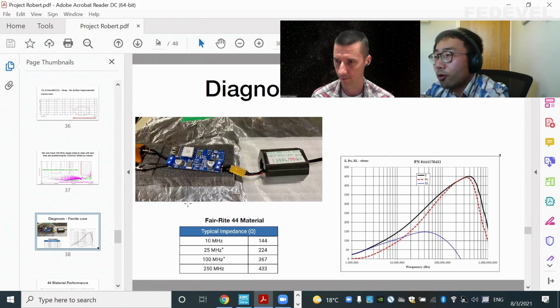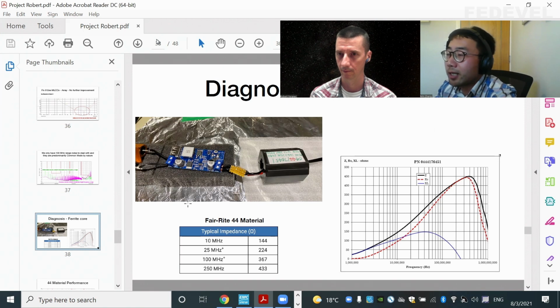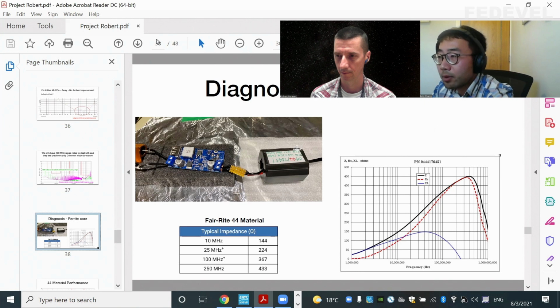For common mode suppression, many EMC engineers will use something called a ferrite core. A ferrite core is a magnetic material that acts as a common mode filter, as shown here. In this case, I'm using what we call 44 material from Ferrite, a company that makes all these ferrite cores.